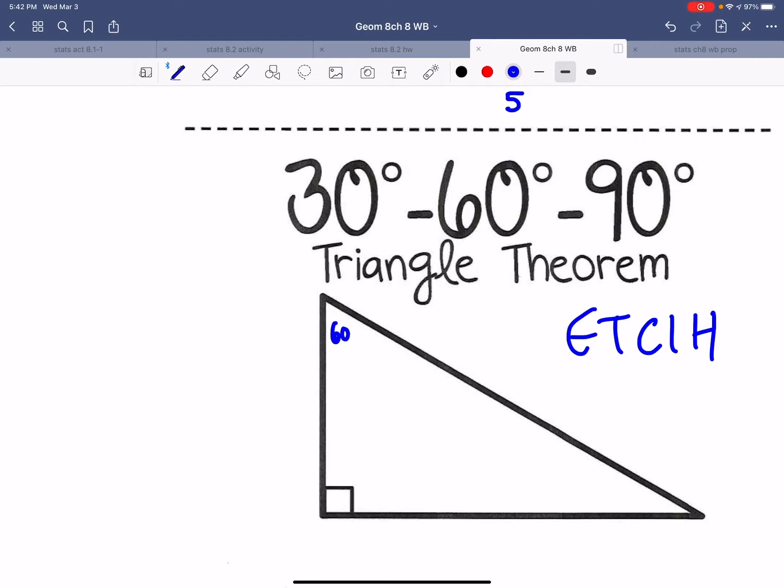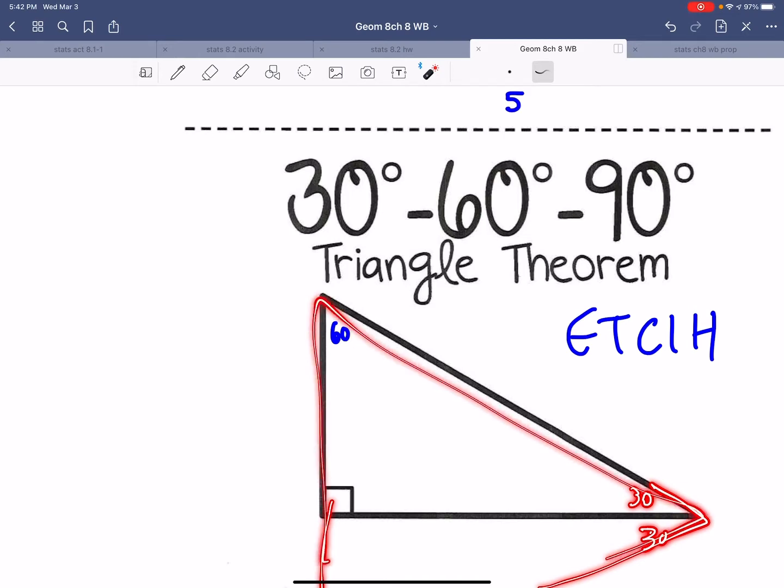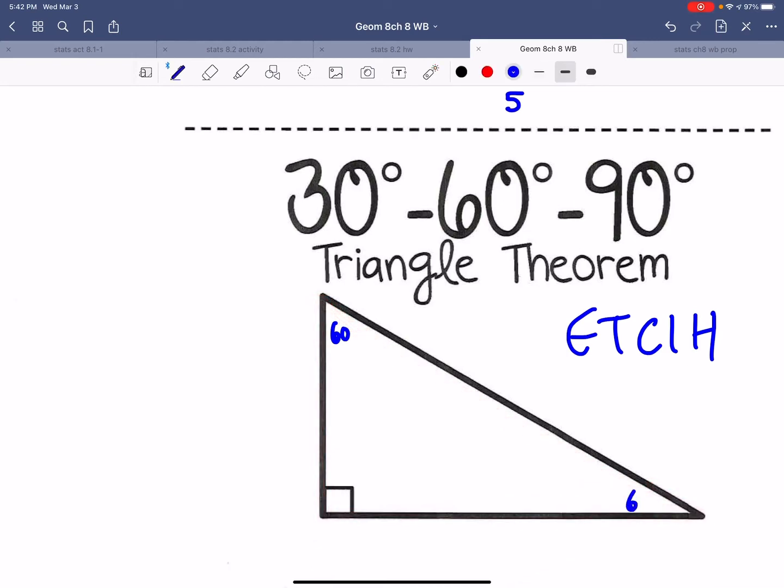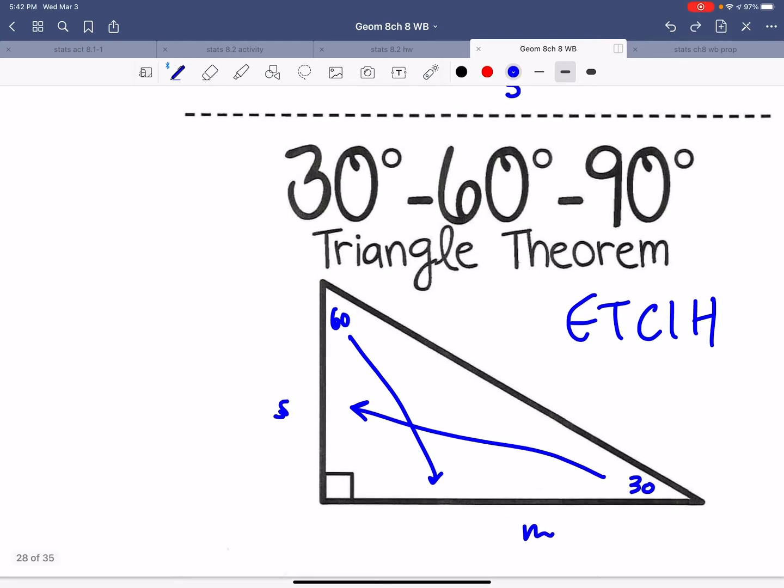If this was an equilateral triangle, like I said, that was a 60-degree angle. And you can kind of see that if we laid it on its side and cut it in half, then we end up having a small side opposite our 30-degree angle, a medium side opposite our 60-degree angle, and then opposite the right angle, this would be our hypotenuse, right?